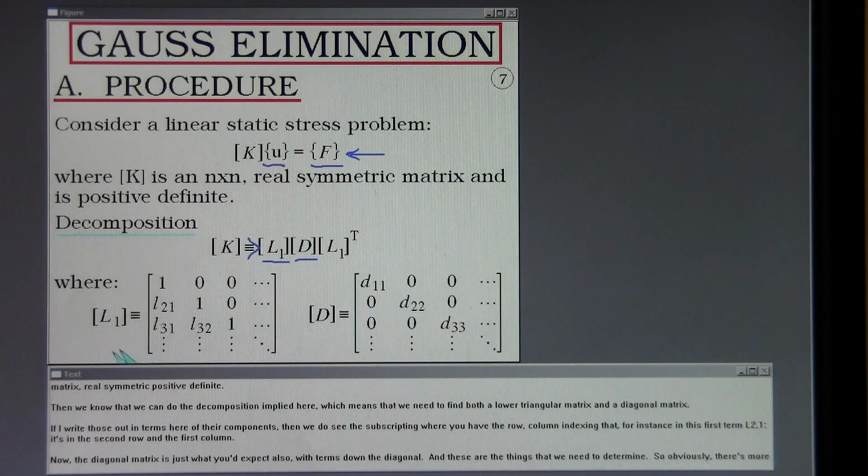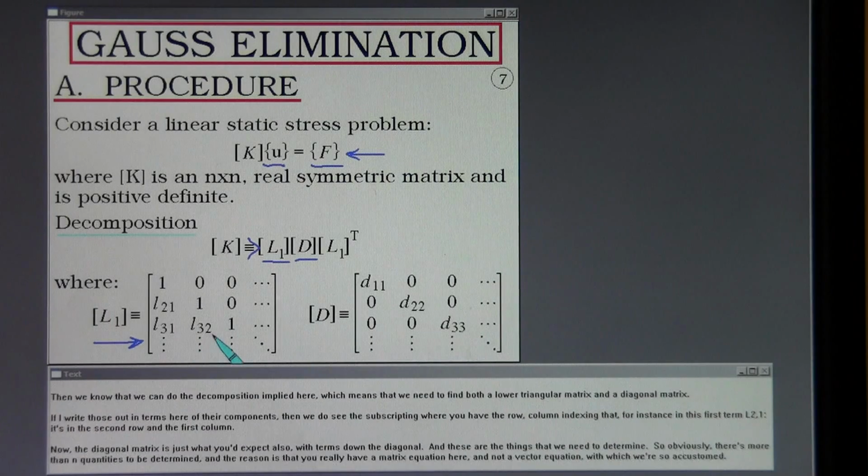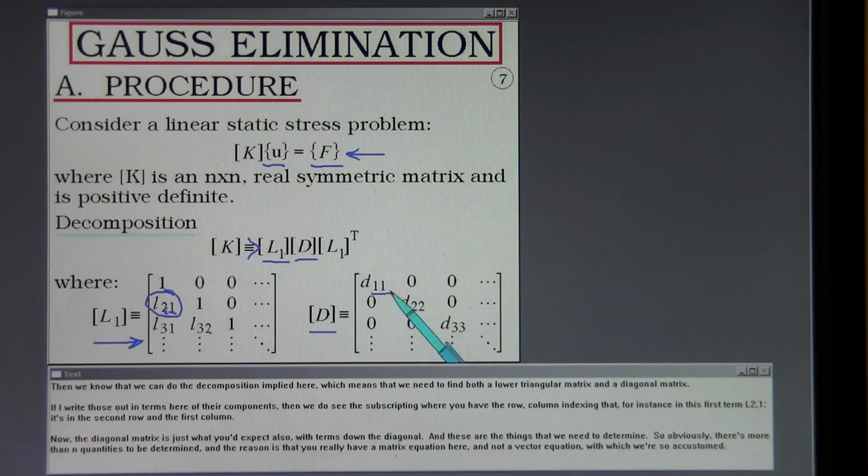If I write those out in terms of their components, then we do see the subscripting where you have the row column indexing that, for instance, in this first term L21, it's in the second row and the first column. Now the diagonal matrix is just what you'd expect also with terms down the diagonal. And these are the things that we need to determine.